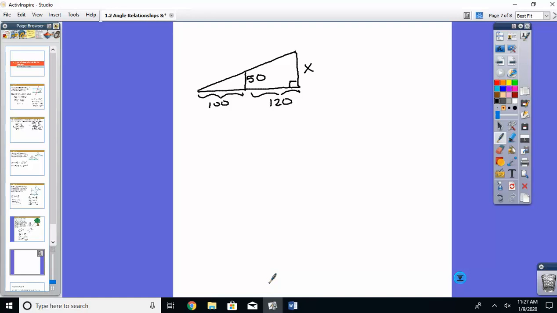I want to find x in this picture. How could we do that?